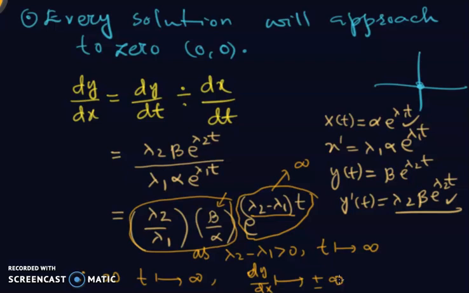We know that the lines or curves which are parallel to the y-axis will have slope plus infinity or minus infinity. So this means that the trajectories will be approaching 0 0 along the y-axis.